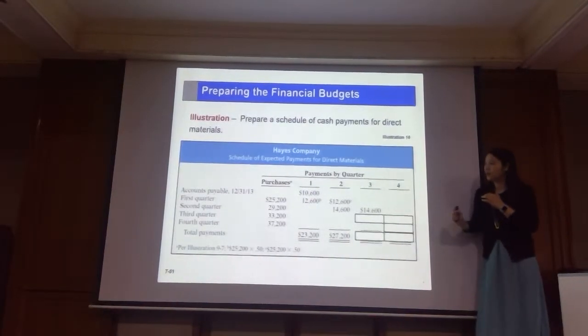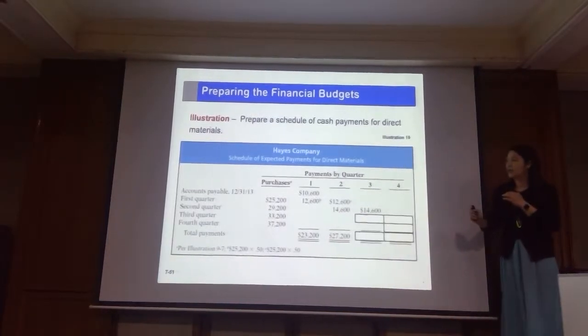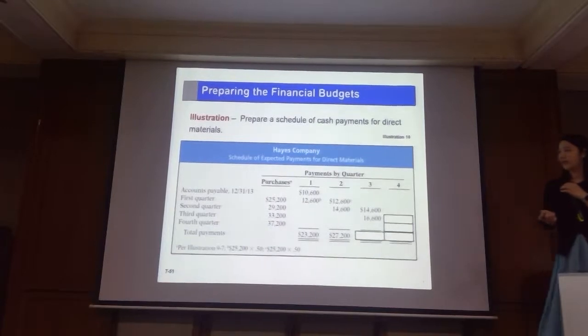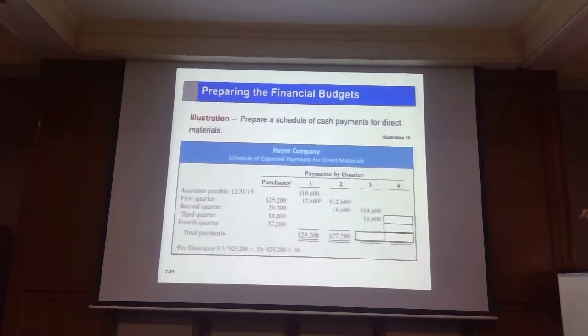Similarly, we do the same thing for the third quarter and the fourth quarter. Half of the second quarter purchase is paid in quarter three, and then half of the third quarter purchase is paid right away in that quarter. And the last quarter, we just use the same concept.